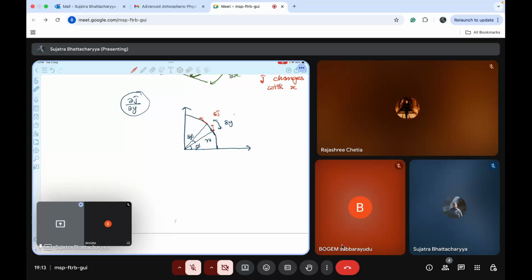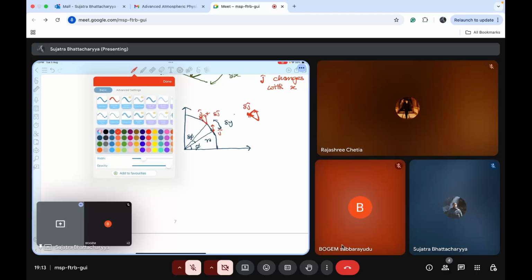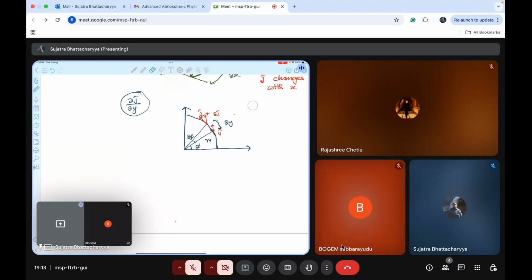So this is your j hat plus delta j, this is your j hat. If you put it here, you will see that the unit vector is in this direction. This should be the direction of delta j hat. Sorry, I will make it once again for your visualization.